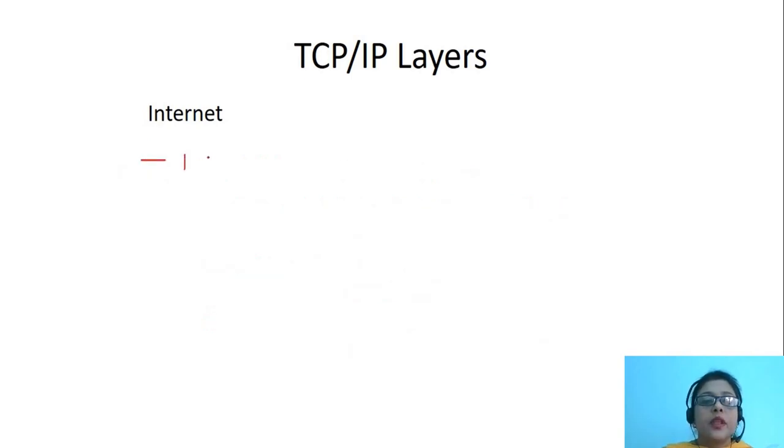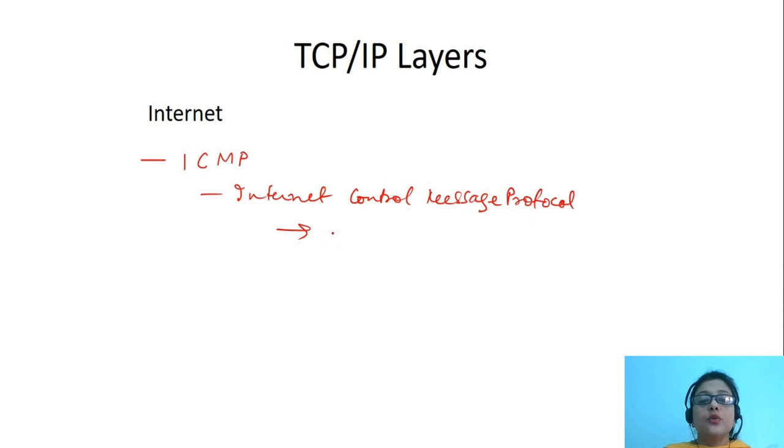Next, we have ICMP. This is Internet Control Message Protocol. This protocol is mainly used to find out the fault of the datagram.